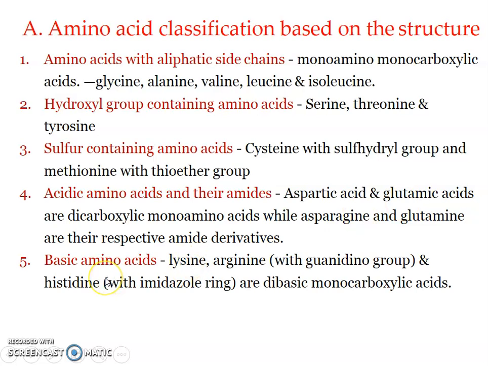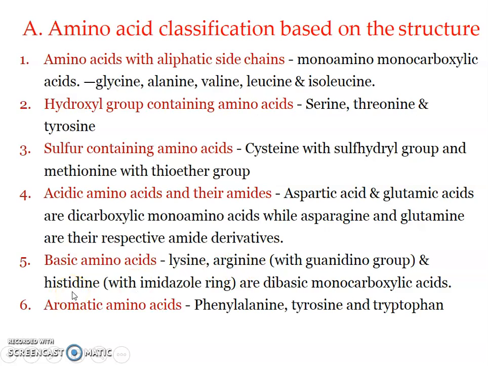Then we have the basic amino acids. They are dibasic monocarboxylic acids. That is, there is only one carboxylic acid group and two amino groups. We have three: lysine, arginine, and histidine. And then we have the aromatic amino acids, which we have already seen: phenylalanine, tyrosine, and tryptophan.